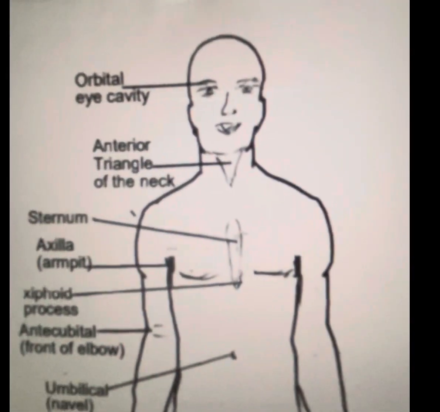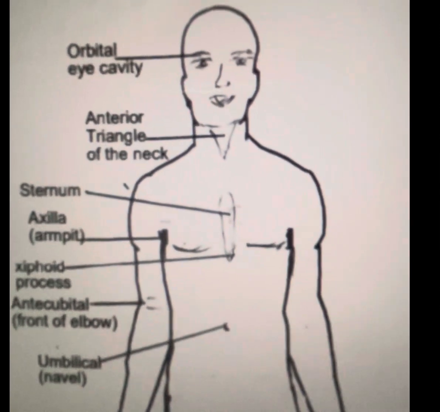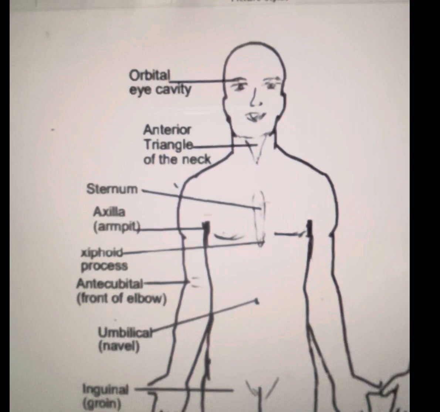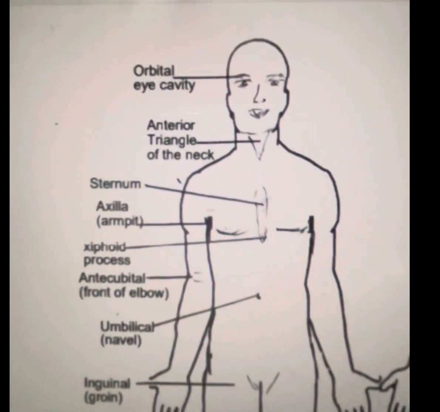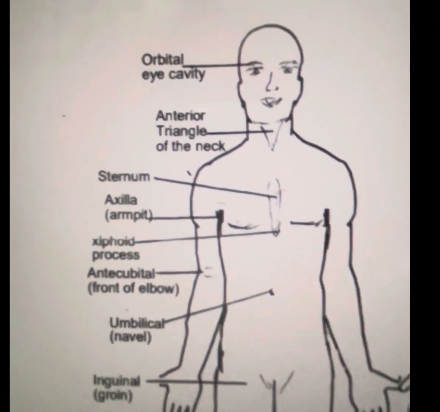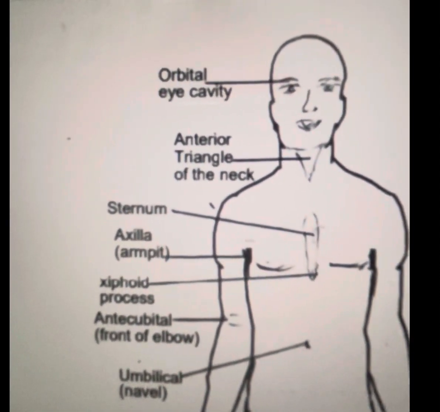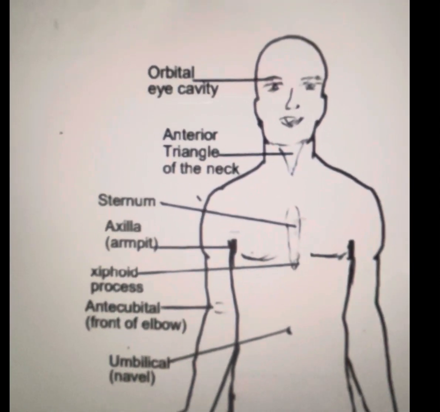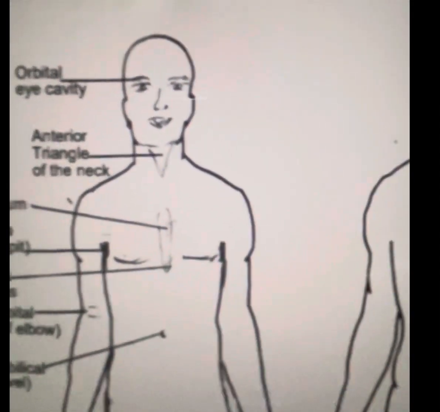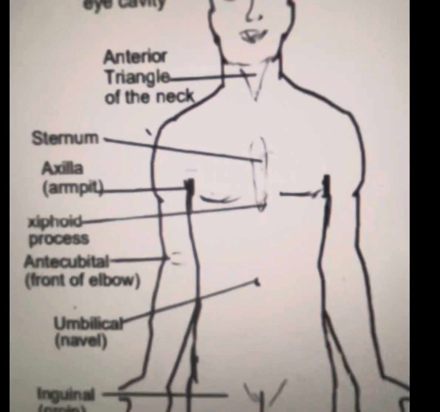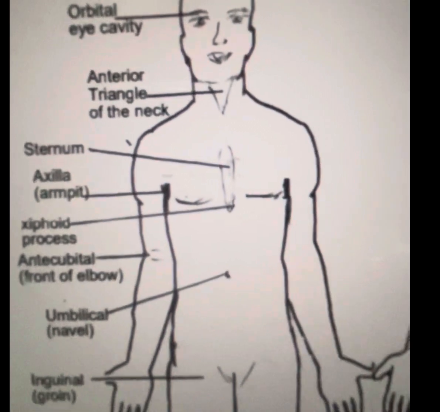That includes the orbital eye cavity, the anterior triangle of the neck, our sternum, axilla or the armpit, the xiphoid process, the antecubital or front of the elbow, the radial pulse, the umbilical or navel, and the inguinal groin.